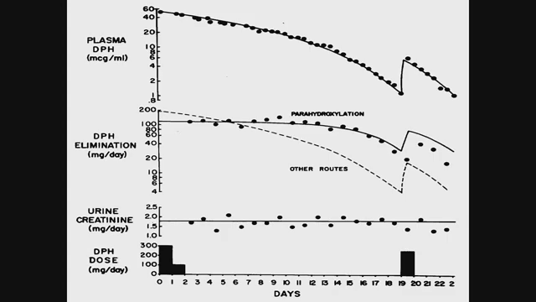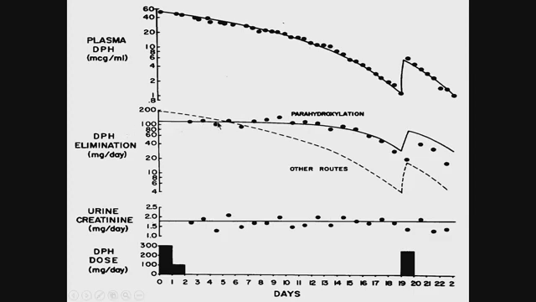And what they did in this very elegant study is they followed the plasma concentrations of the drug over time, and at the same time they started collecting urine to measure the appearance of this parahydroxylated metabolite of phenytoin.